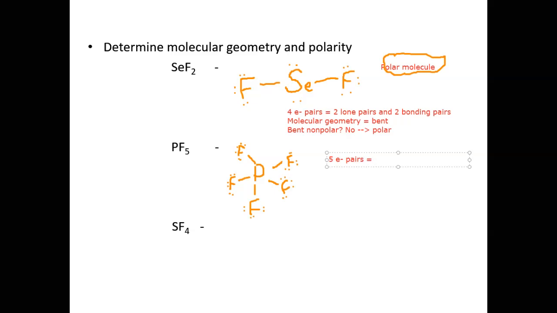And these are all bonding pairs of electrons. So these are 5 bonding pairs of electrons. So the molecular geometry is trigonal bipyramidal.